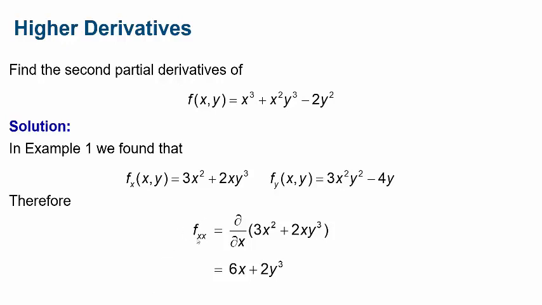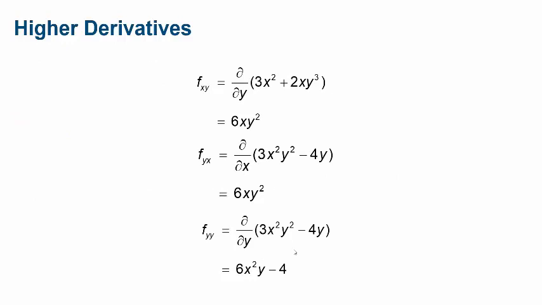So if I want to find the partial derivative of this function with respect to x twice, you're just going to take the partial derivative of our first function here and differentiate it again with respect to x. So here this becomes 6x. Here, what's my variable here? It's just x, so the 2y cubed is a constant. And similarly, you can verify the rest of these on your own. These are the rest of the higher order partial derivatives.